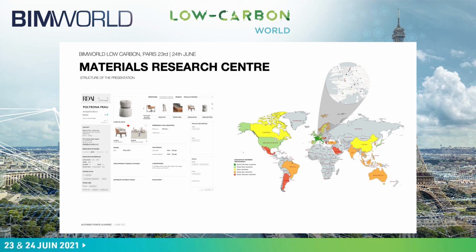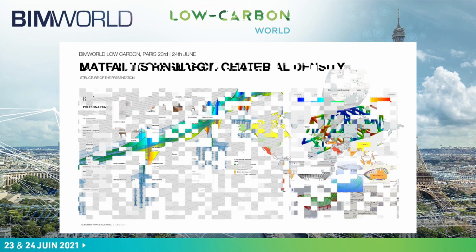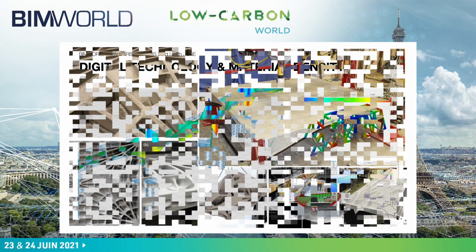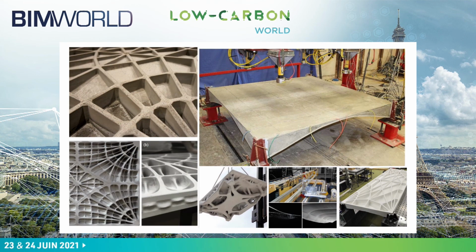So very importantly, the second aspect I wanted to mention is material usage and how technology can help us better understand and reduce carbon emissions through optimization of material usage. Something that you see very clearly on this concrete slab.